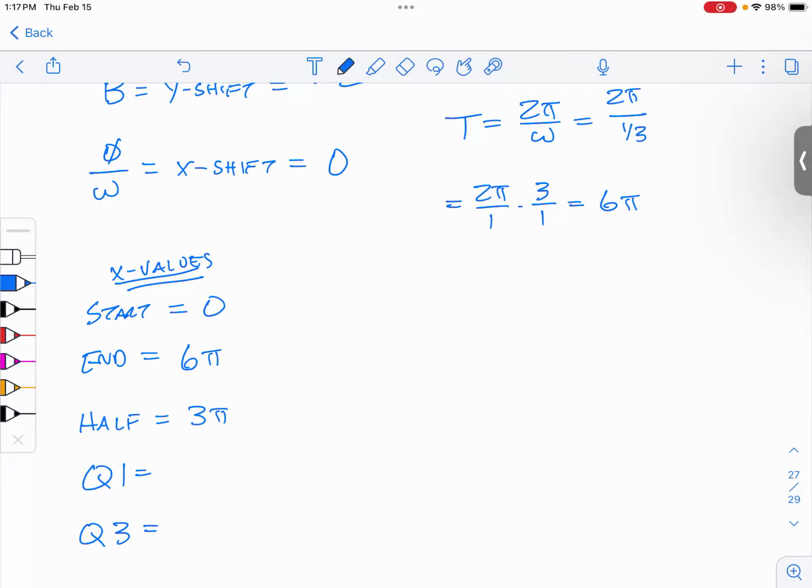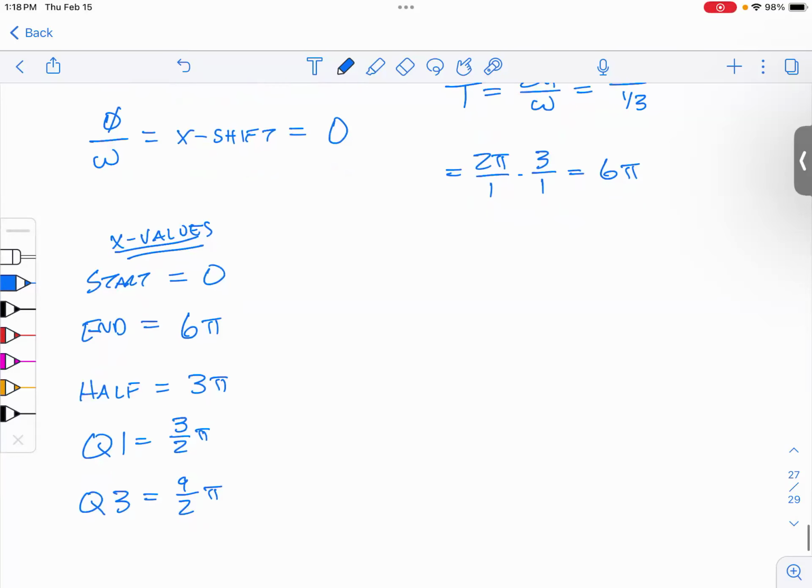What is a quarter of the way between 0 and 6 pi? Or 0 and 6, what's a quarter of the way through? Or halfway between 0 and 3? 1.5, AKA 3 pi over 2. And what is halfway between 3 and 6? 4.5, AKA 9 pi over 2. See, so you can do those pretty quick when they're nice numbers.